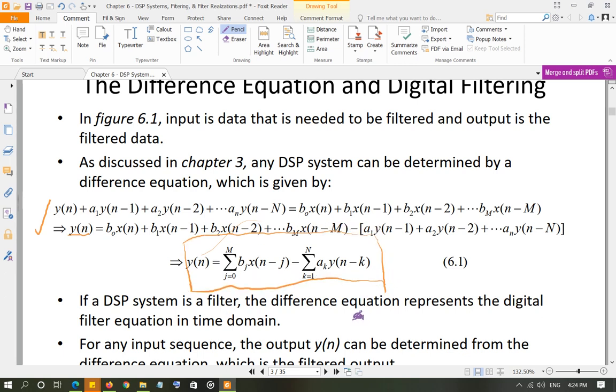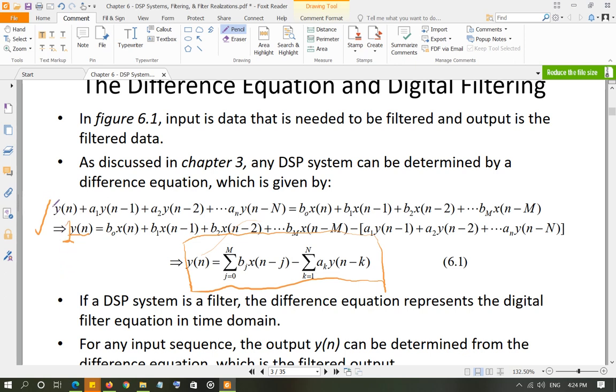Now remember, the coefficient of y of n should always be 1. In case it is not 1, if it is 2, 3, 4, 1.5, whatever number, you have to make it 1.